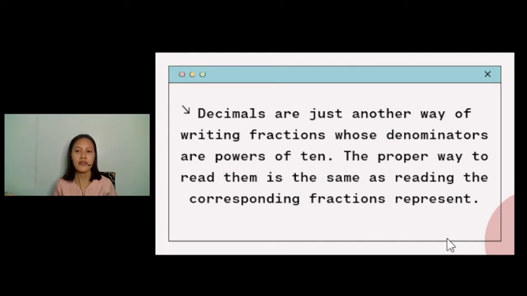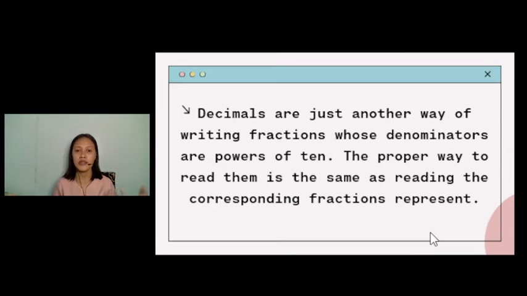Decimals are just another way of writing fractions whose denominators are powers of 10. The proper way to read them is the same as reading the corresponding fractions represented. So, kung paano daw po natin siya binabasa in a fraction form, ganun din po natin siya binabasa in a decimal form. A decimal, you may express it in a fraction.